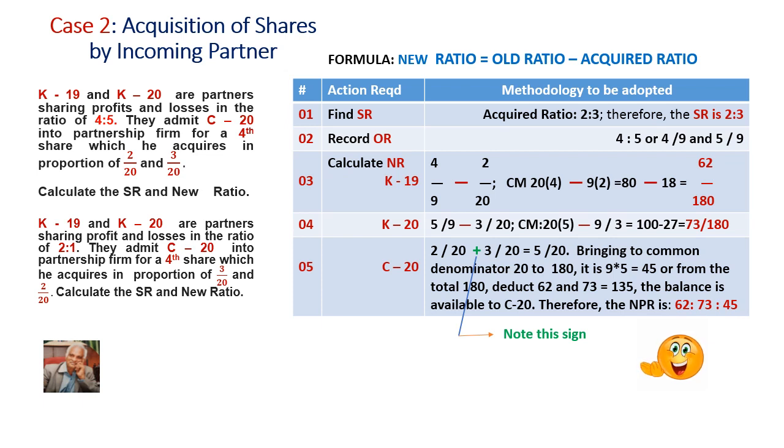Now, when you come to C20, look at step 5 very meticulously. He acquires 2 by 20 plus 3 by 20, which is nothing but 5 by 20. Therefore, the new ratio is 62 is to 73 is to 45. Right? The sign is very important. Don't go for rote learning. Thank you.